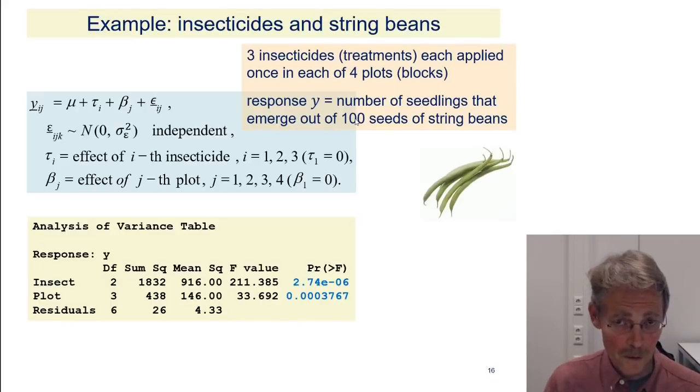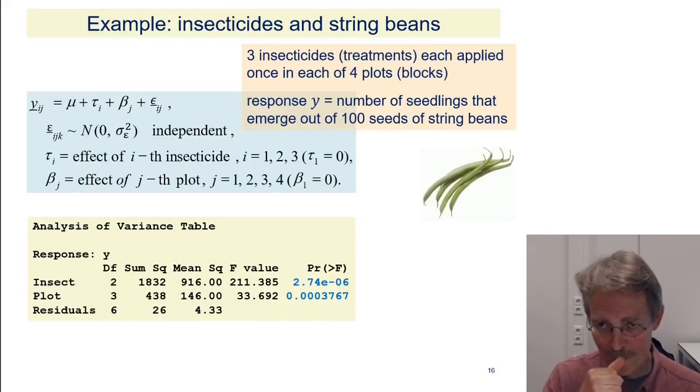So if you are totally out of luck, none of them will emerge, 0. And if you're a very fortunate person with green fingers, all 100 seeds will emerge. Now the idea is that with the insecticides battling the insects, there will be more seedlings emerging, and you want to compare the insecticides and probably use the one that gives you the highest number of seedlings emerging. Yeah, that's the idea.